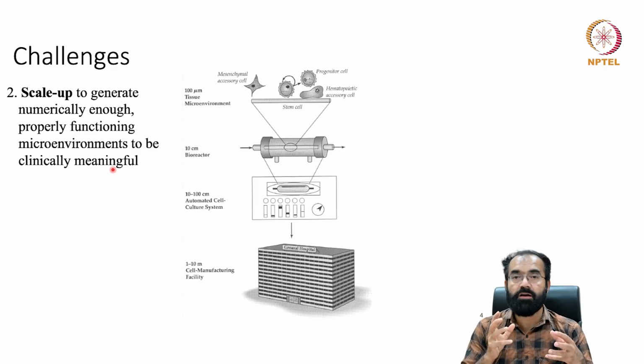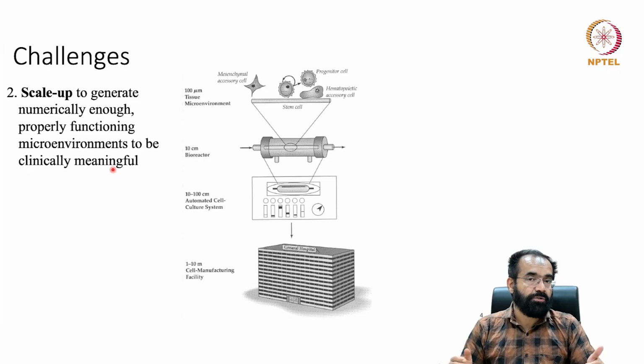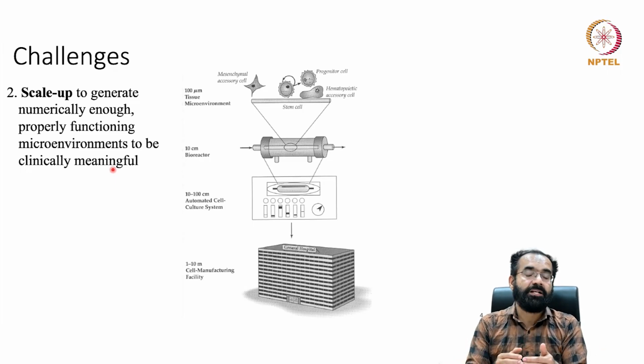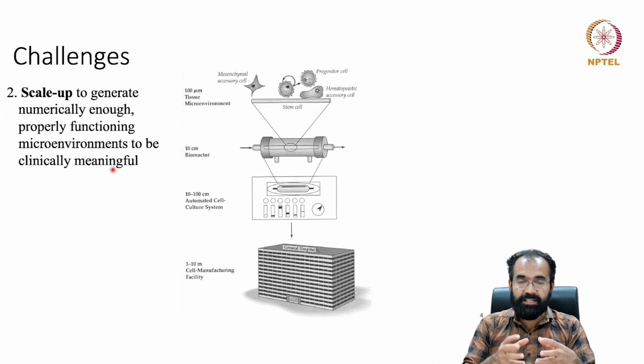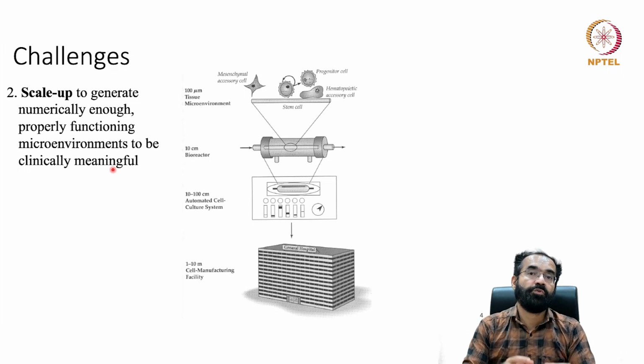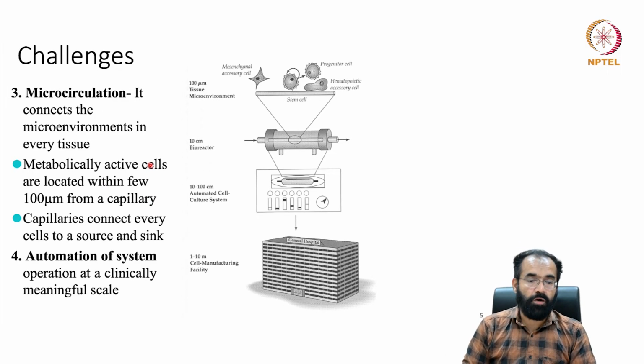Say for example, you have one small bioreactor, and now you assemble them into 100. It can't happen that 3 of them are not receiving the nutrition, then whatever organ you are making can be futile. So each unit has to have its complete responsible distribution of nutrients, and then only will you end up getting a clinically meaningful tissue outcome.